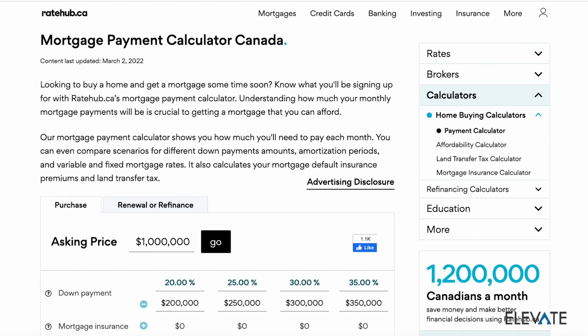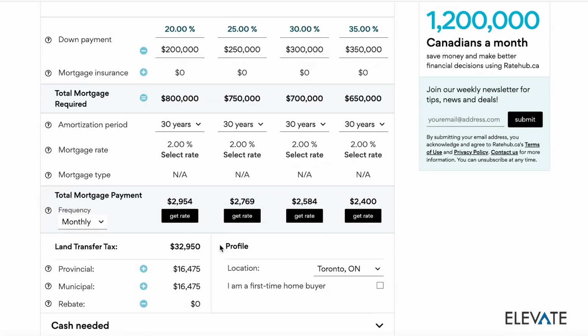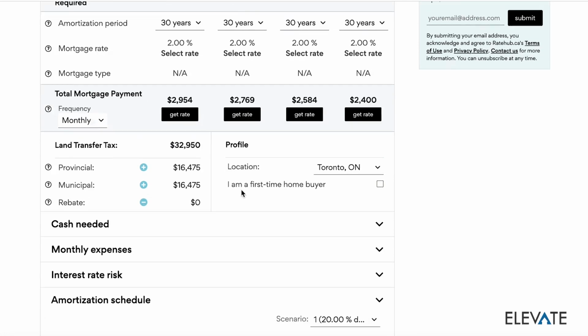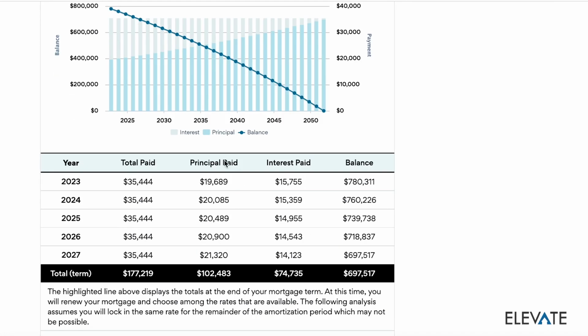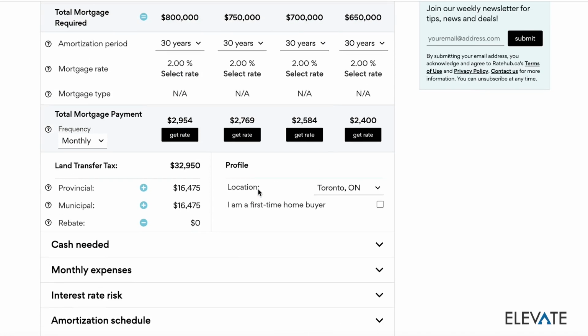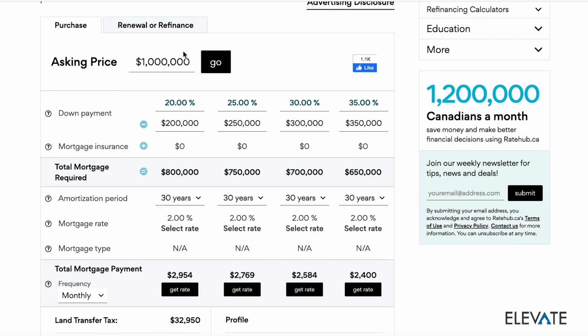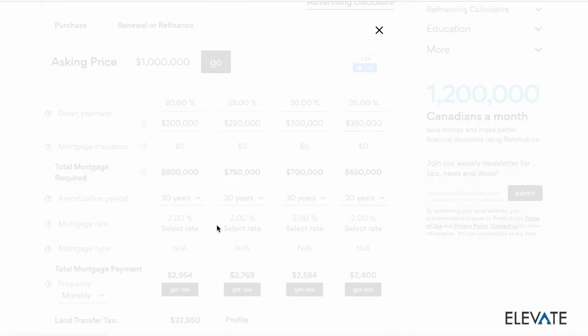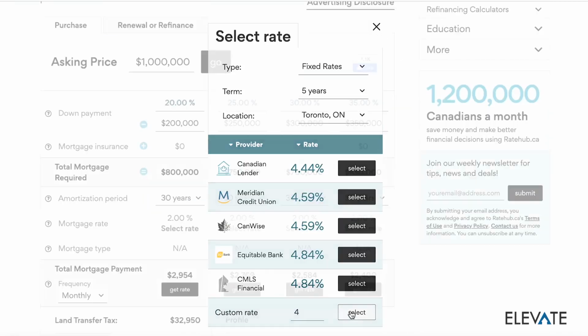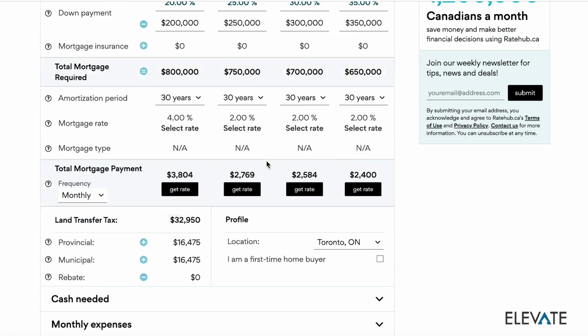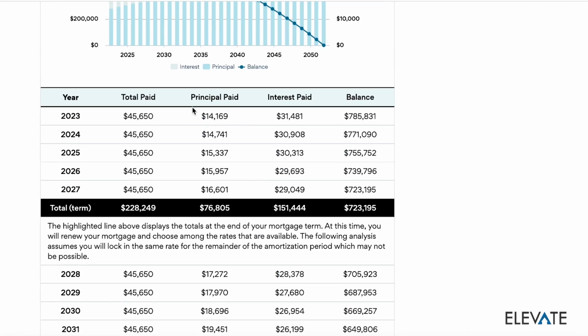To understand this, let's head over to a mortgage calculator. When interest rates are lower, you can see that the principal paydown portion is around 2% of the property value. In other words, you'd need roughly around a 2% spread between your interest rate and your cap rate to have a bit over break-even cash flows. If we bump up the interest rate to 4%, you can see that the principal paydown portion drops to 1.4%.